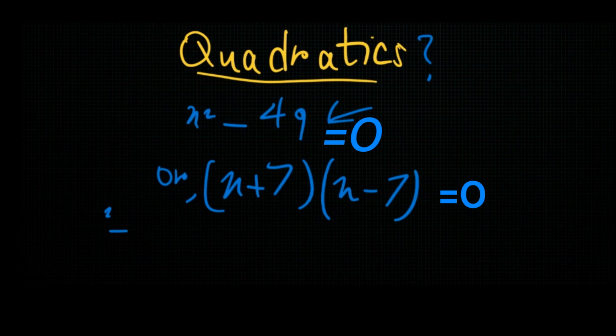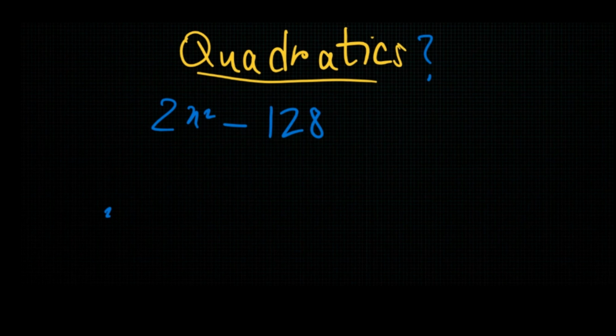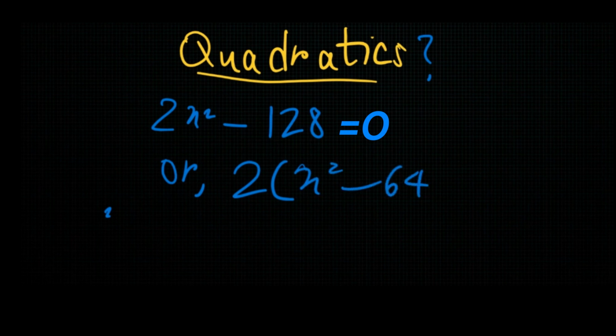Now what if we make our equation like this? 2x squared minus 128. What would happen then? First thing you want to do is to factor out the 2, which will be 2 times x squared minus 64, because 2 times x squared will be 2x squared, and 2 times minus 64 will be minus 128.